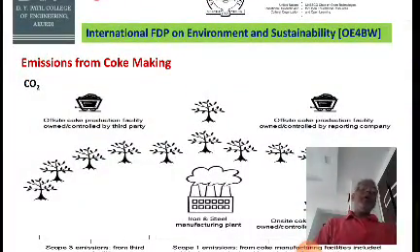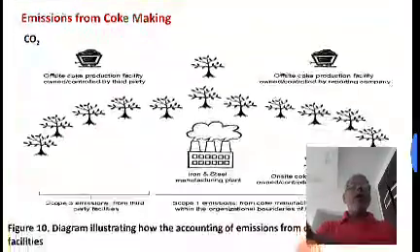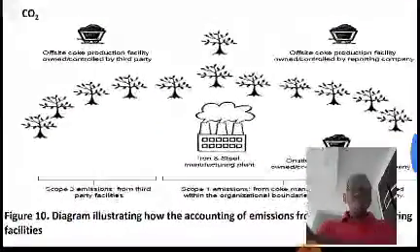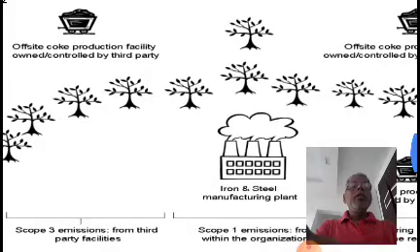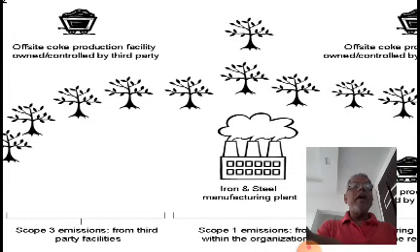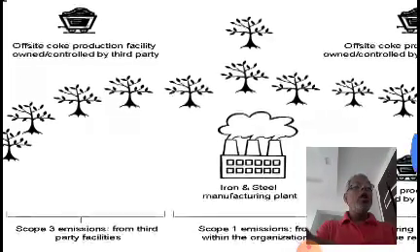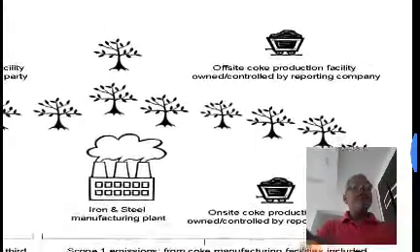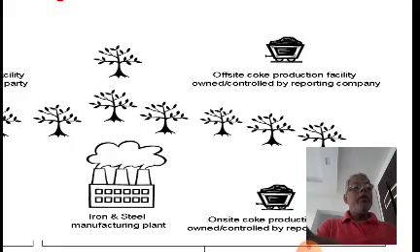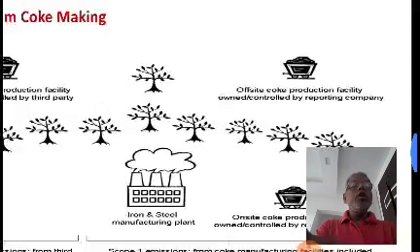Then the emission from the coke making or coke production. Now here, first you have to see whether the offsite coke production facility is owned or controlled by a third party, or it is produced by the industry itself. So there may be two cases.